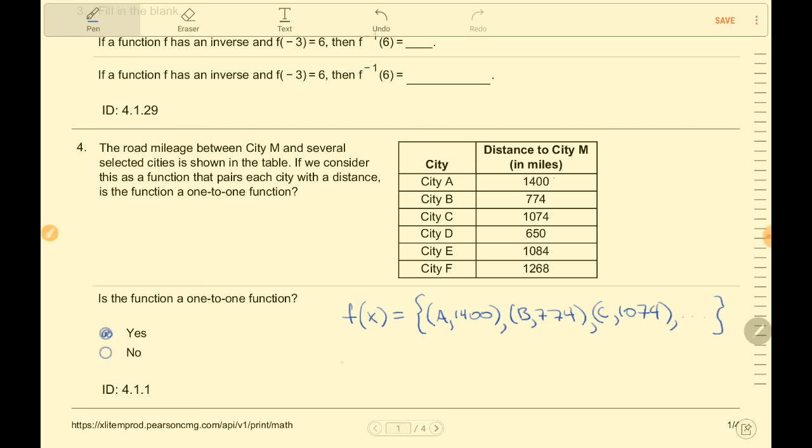Now, some new notation is inverse function notation. So it almost looks like an exponent, or it really does look like the exponent -1, but it is not. This notation indicates that we are inverting the function f.